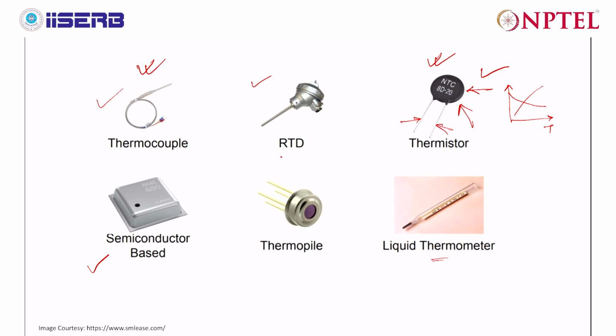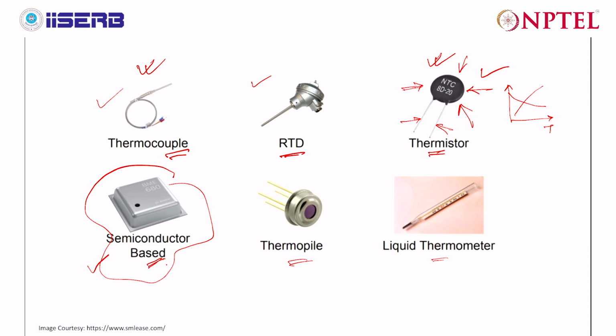And then you have RTDs, you have thermopile, you have thermocouple, and then semiconductor based temperature sensors as well. In this case also, in fact, you may use a semiconductor material for thermistor type of application. What I mean by that is you can use a semiconductor material as an active material of a thermistor, because ultimately the thermistor's working principle is that with temperature the resistance should vary.